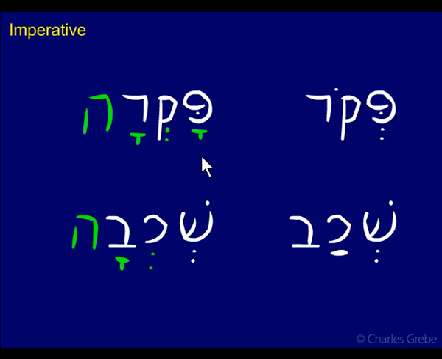Remember, CVC, unstressed, because stress is here, means that this symbol is qamets hatuf, the short O, not the long A. So it's poqda. Okay? The syllable division would go right between here. Now down here, for the statives and for the gutturals, the vowel is a hiriq.